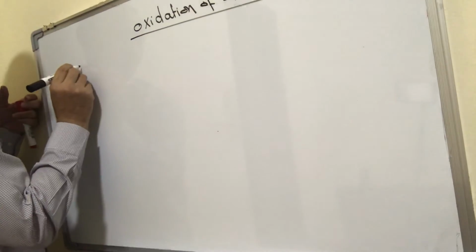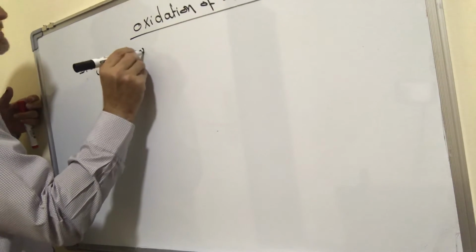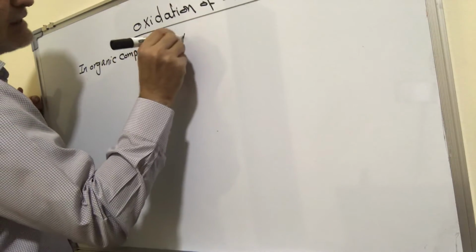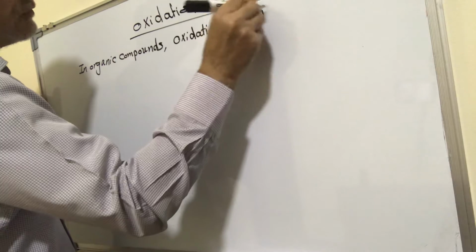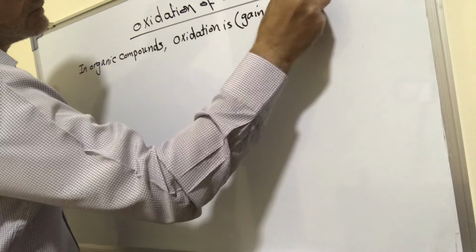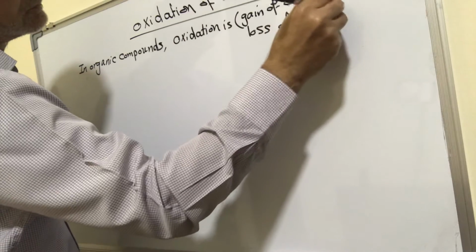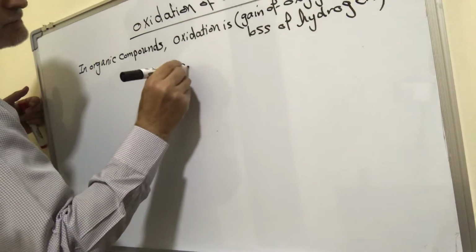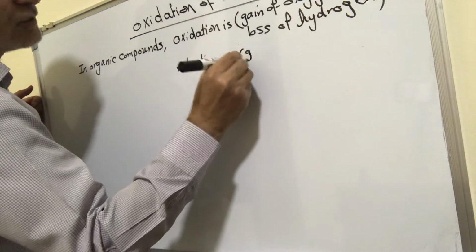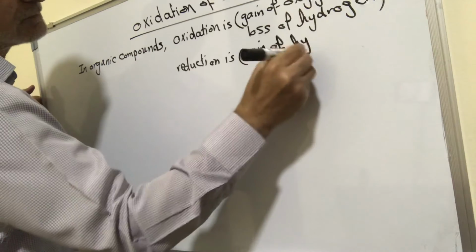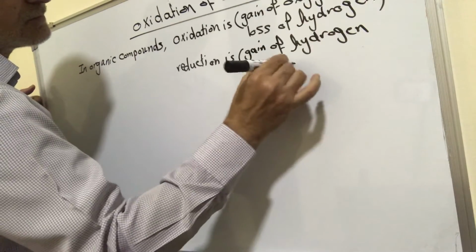Oxidation in organic compounds is gain of oxygen or loss of hydrogen, while reduction is gain of hydrogen or loss of oxygen.